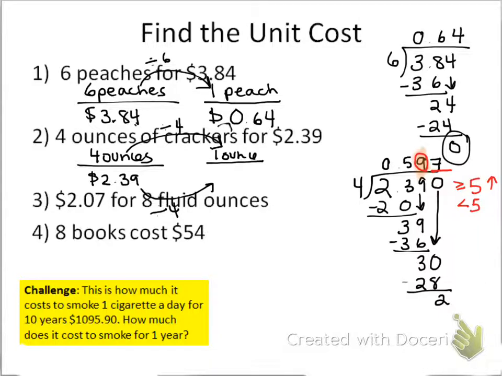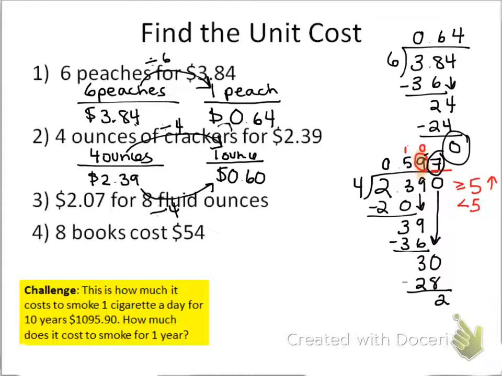If I make this 10, I put the 1 here in the tenths place, and the 0 will go here. So I'm going to add the 5 and the 1 together, and so this rounded would be 60 cents. It's because my 7 tells me I need to round up. When I round 9 up, I get 10, so I add 1 onto the 5, and this becomes a 0.